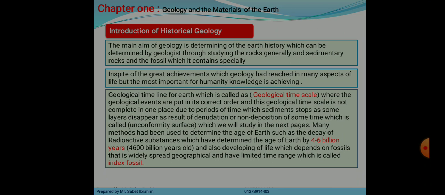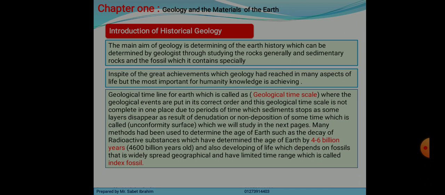Some layers disappear as a result of denudation or non-deposition of some time, which is called an unconformity surface. We will study unconformity surfaces in the next session.